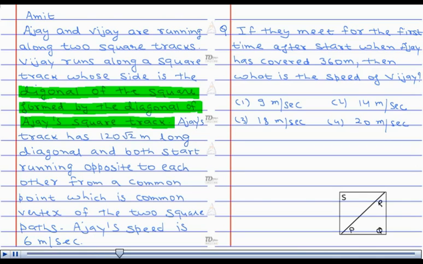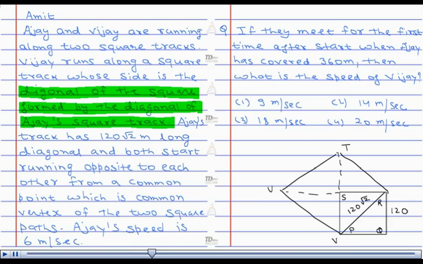PQRS is the path on which Ajay travels, whose diagonal is PR, which is given as 120 root 2. Hence, the side of Ajay's square track will be 120 meters. Now, taking PR as side, draw the square.